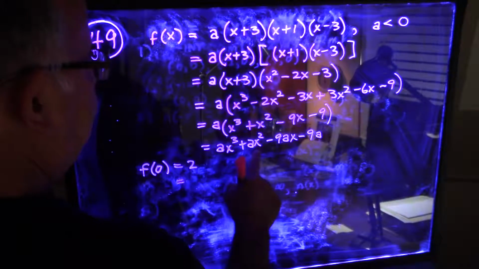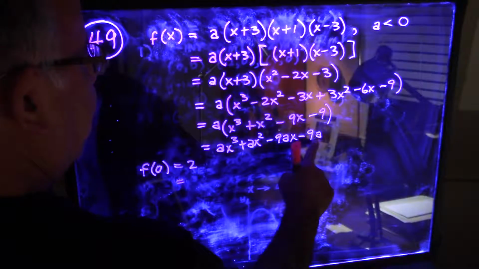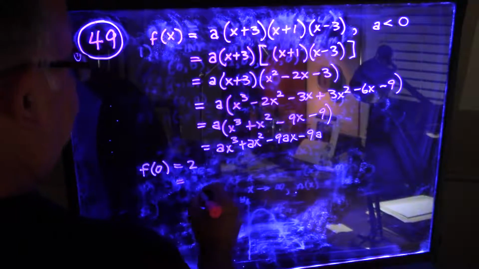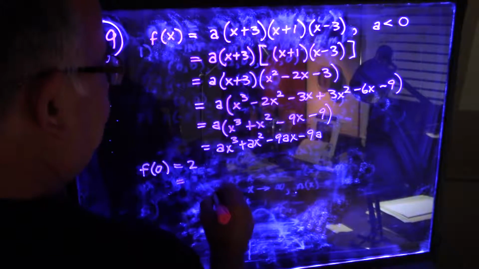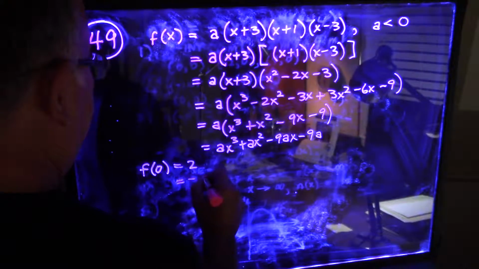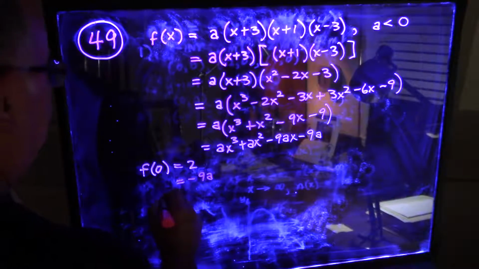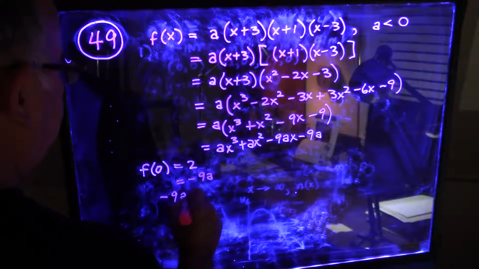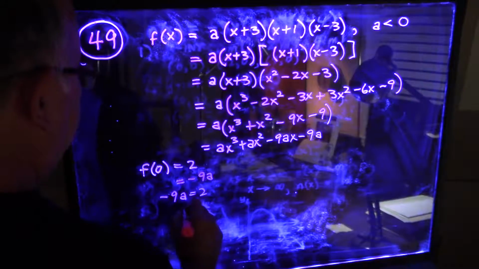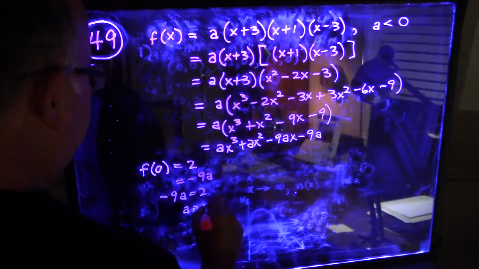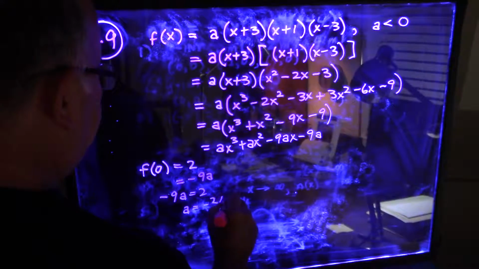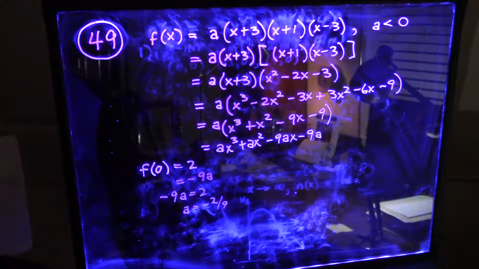It's going to be 0, 0, 0, and just negative 9a, right? So f of 0 is negative 9a. In other words, negative 9a equals 2. So a equals negative 2/9, and yes, it is negative like we expected.